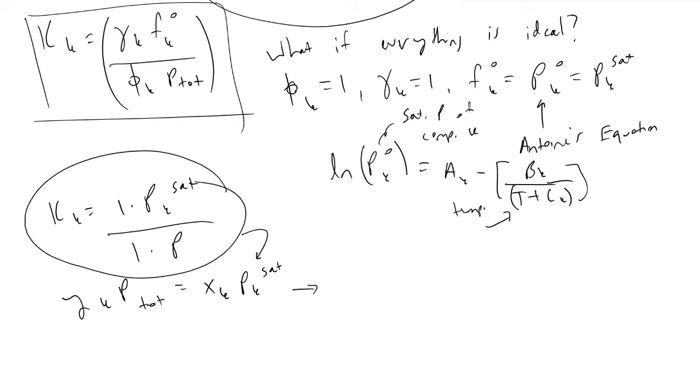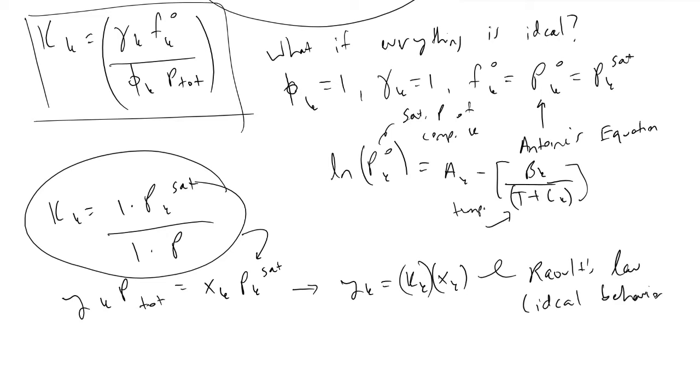And we will be able to say that y_k is equal to K_k x_k. And this is the nice Raoult's law, which is for ideal behavior. In other words, ideal liquids and vapors or gases.